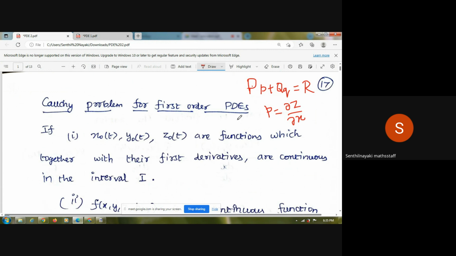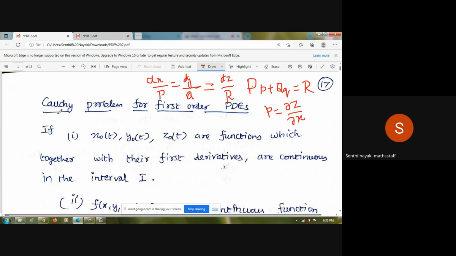The auxiliary equation for this Lagrange's is dx by capital P equal to dy by capital Q equal to dz by capital R. So here the R term should be on the right hand side. If it is given on the left hand side, first we have to take that R value to the right hand side. After that we have to write down the auxiliary equation.